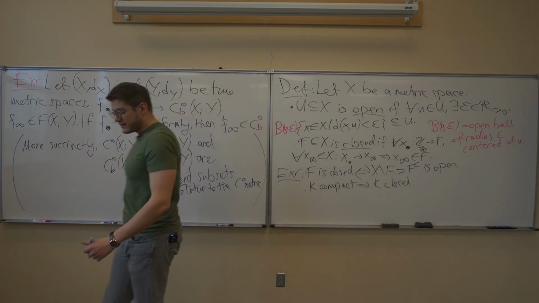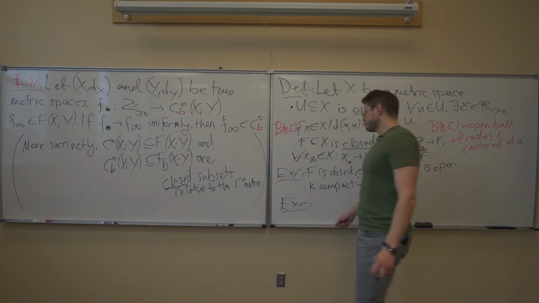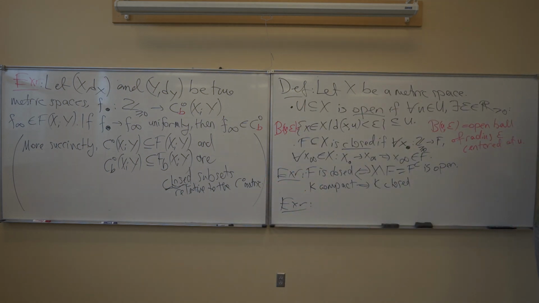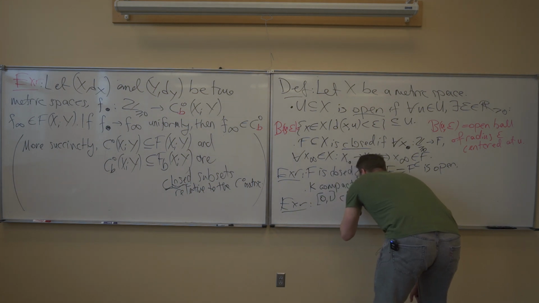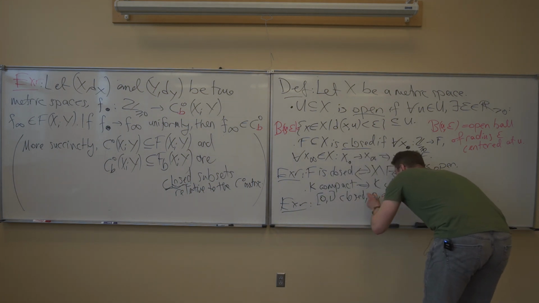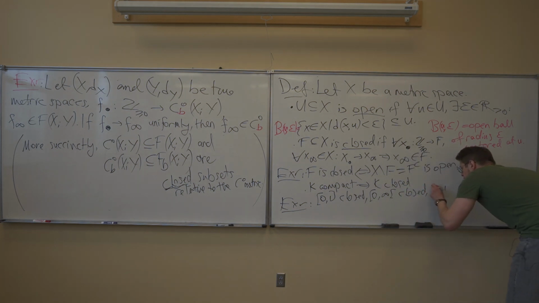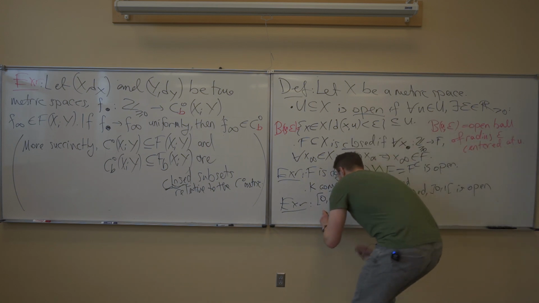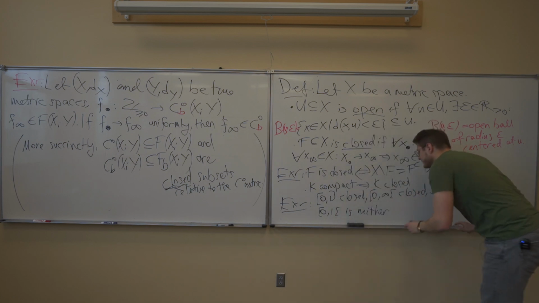And here are the standard examples for us. Closed intervals are closed in this sense. Open intervals are open in this sense. So this is closed, 0 to infinity is also closed, 0 to 1 open is open. Half open, half closed intervals are neither. And the real line itself is both.